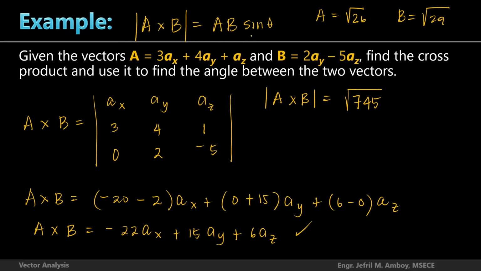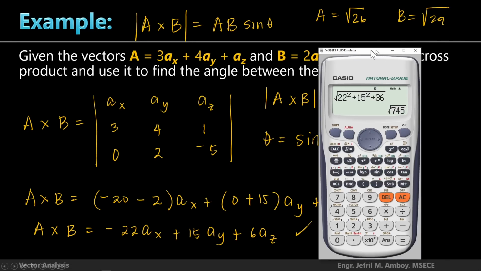Now, we can use this to solve for theta. Theta is equal to the sine inverse of the absolute value of A cross B divided by A times B. So, this is the absolute value of A times the absolute value of B.